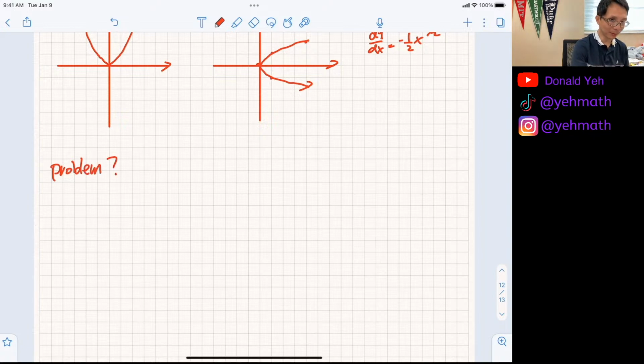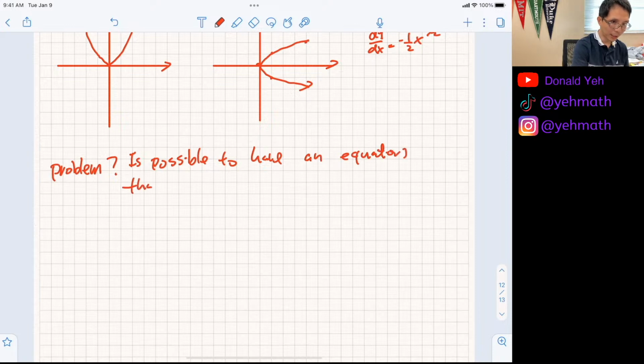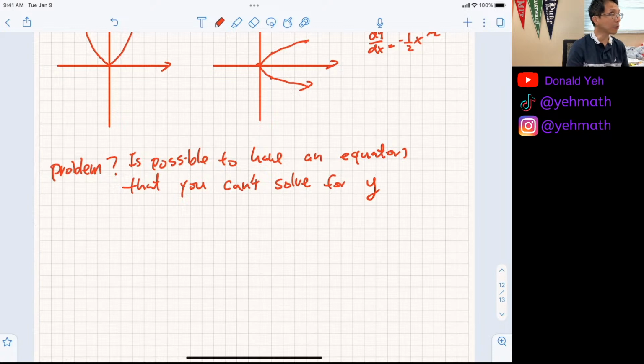Is it possible to have an equation that you cannot solve for y? Can you think of an equation that you cannot solve for y?